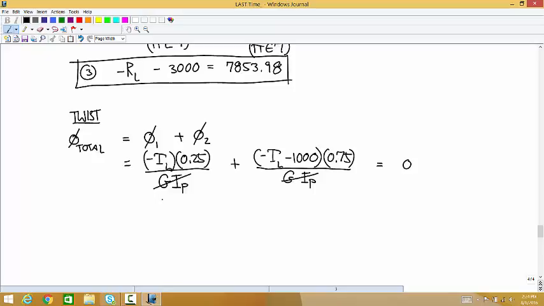And you get that negative TL is equal to 750. So your fourth equation is that internal torque at the left end is equal to negative 750.